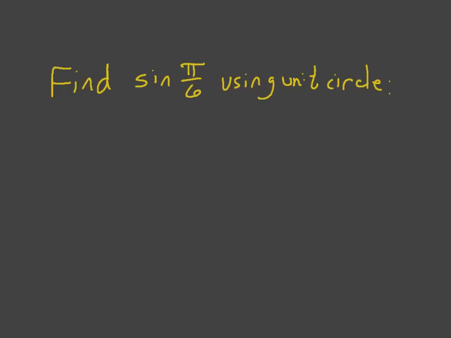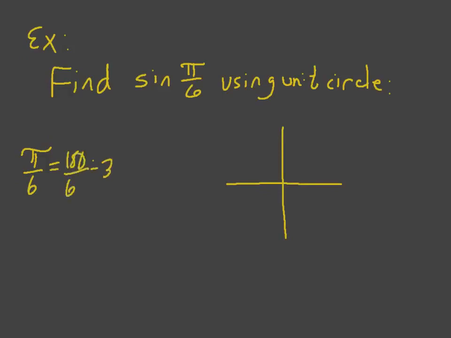Now let's do some really quick examples. In this example, we're going to find the sine of pi over 6 using the unit circle. So pi over 6 is 180 divided by 6, or 30 degrees. So let's think about our 30-degree point on our unit circle, which was square root of 3 over 2, 1/2.